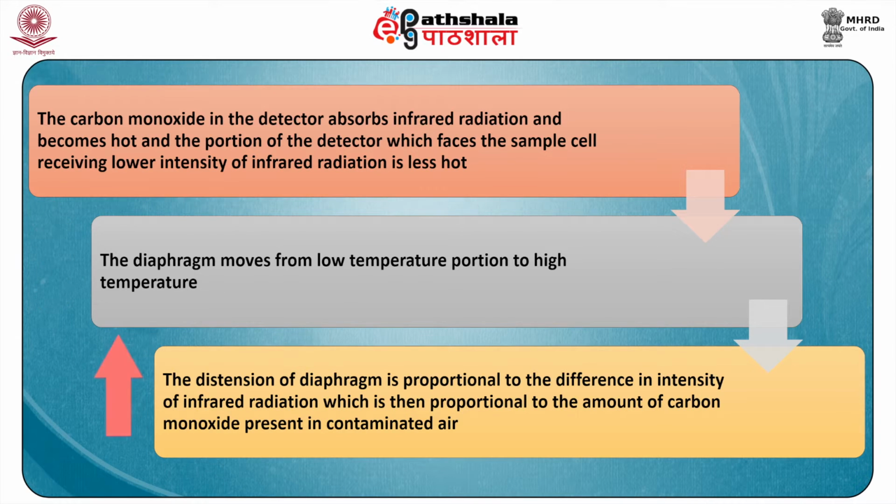The diaphragm moves from the low temperature portion to the high temperature portion. The tension of the diaphragm is proportional to the difference in intensity of infrared radiation, which is in turn proportional to the amount of carbon monoxide present in the contaminated air.